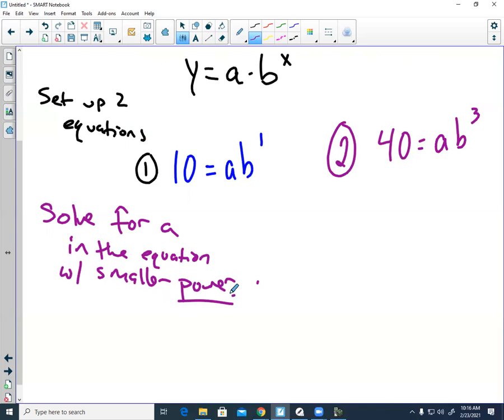So solve the equation for A that has the smaller power. Which one of these has the smaller power? Equation 1 or equation 2?